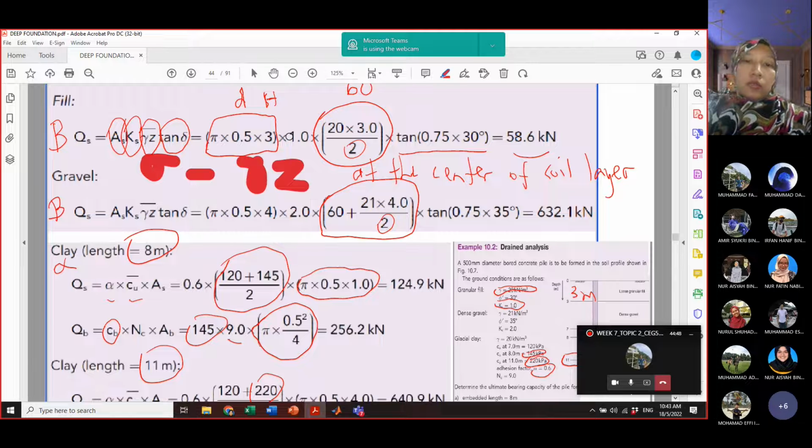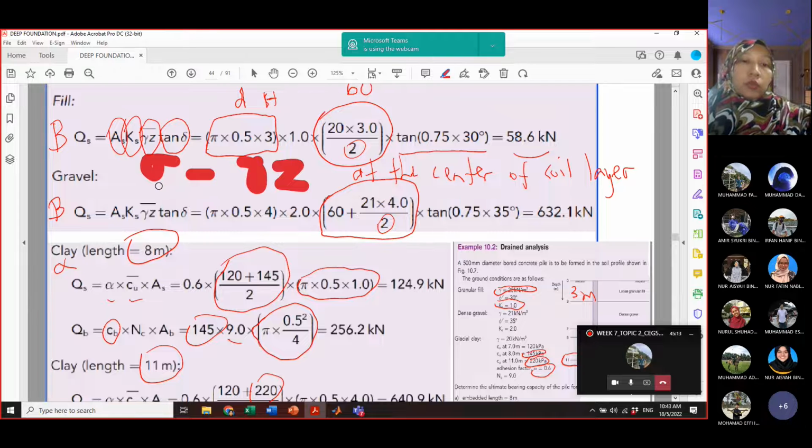That's why, when you look here, 20 is the unit weight of the soil, times 3, the depth of the layer, divided by 2. Why divide by 2? Because to get the average overburden pressure, we only take the middle of the layer, times tangent 0.75 times 30. So we have solved one layer.